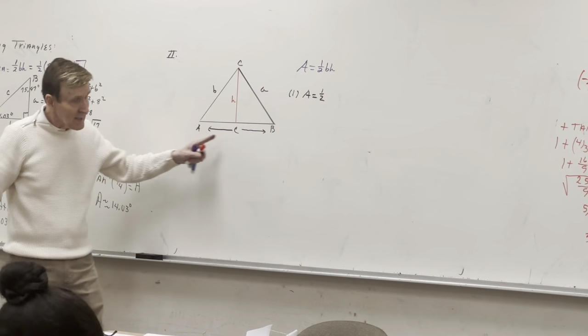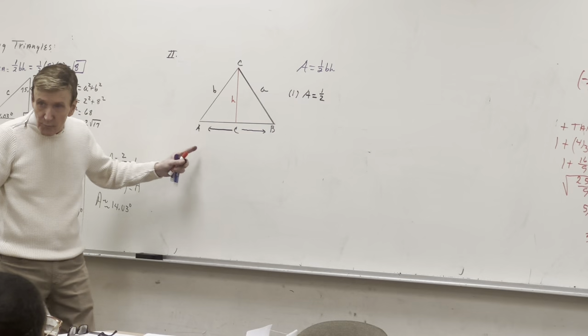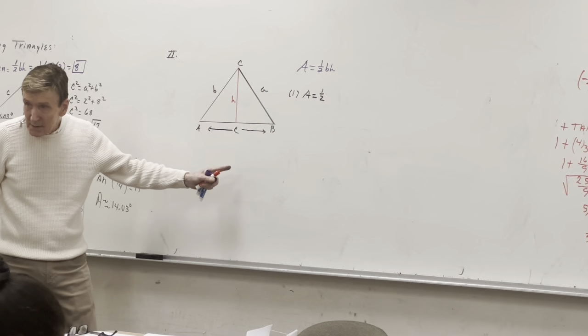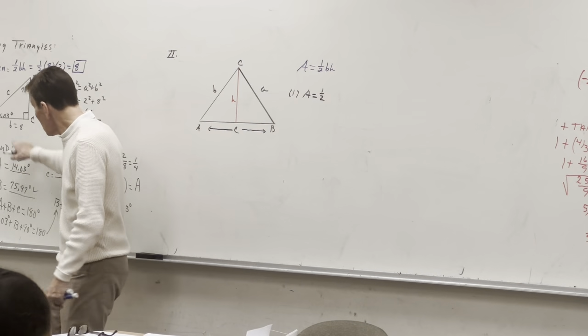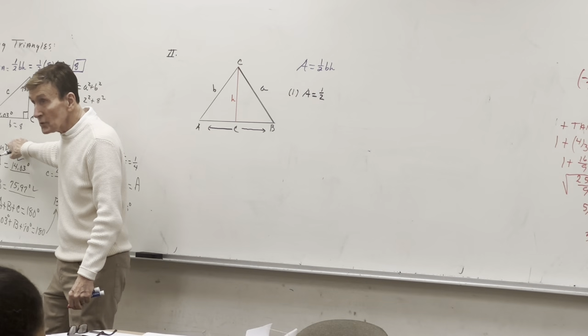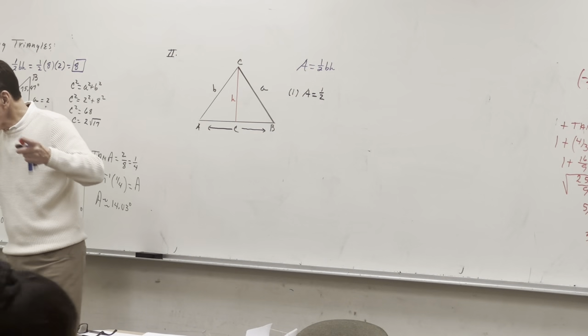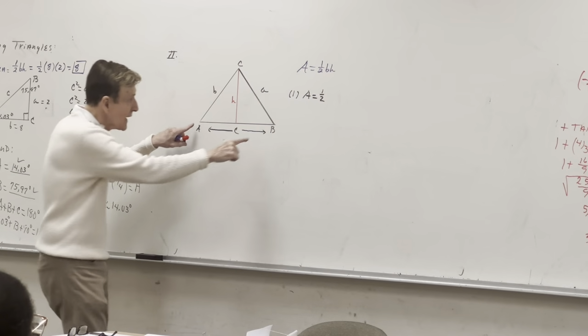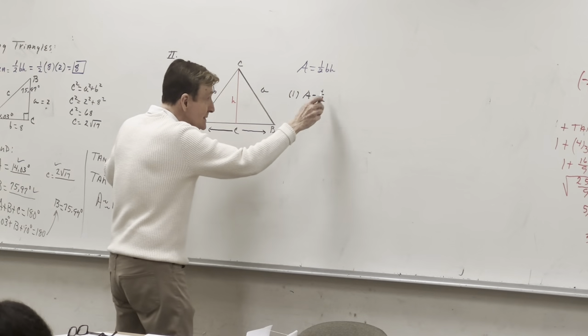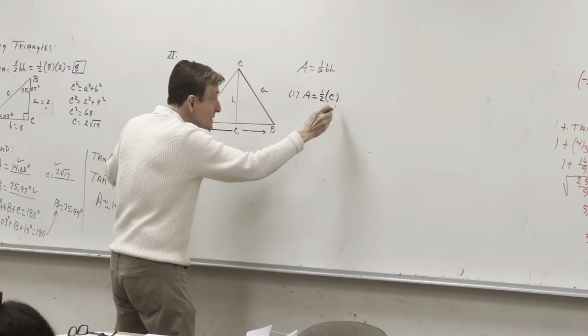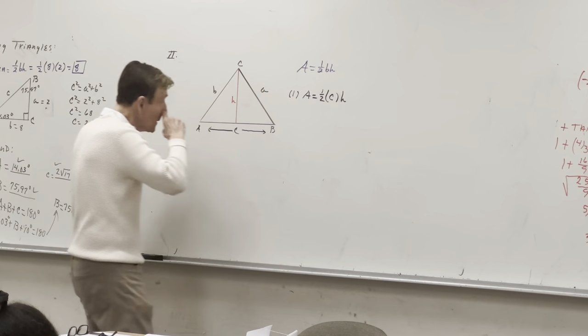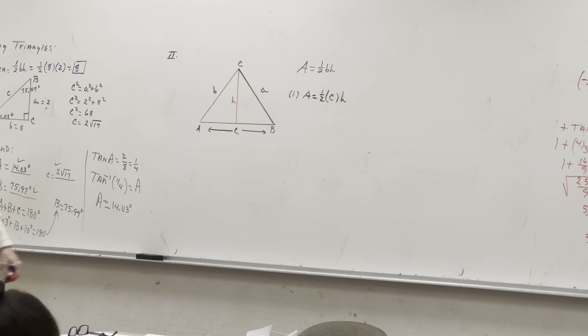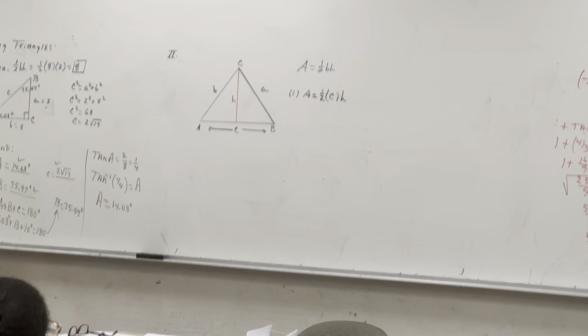Just so happens the way I labeled my triangle, the base is lowercase c, down here. So that base is c in my case, and of course I've got the height labeled in red there. That's what it looks like for this triangle at this point: 1/2 c H.